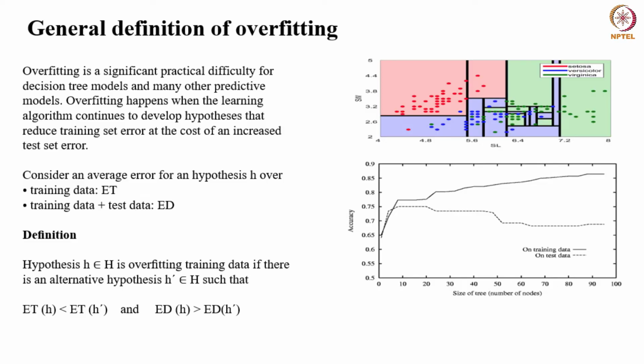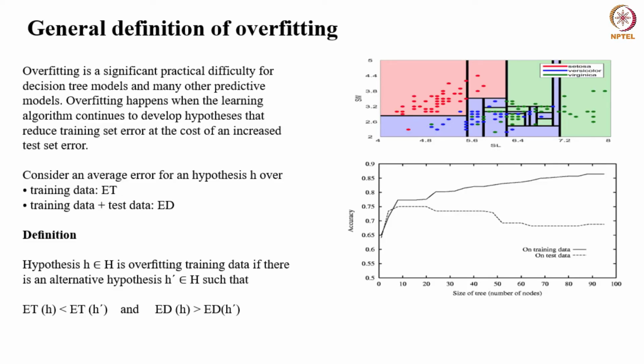As you can see in the example to the right, on the x-axis is the size of the tree. When the tree grows, the accuracy becomes better for the training data, but for the test data it actually goes down, or at least is stable.